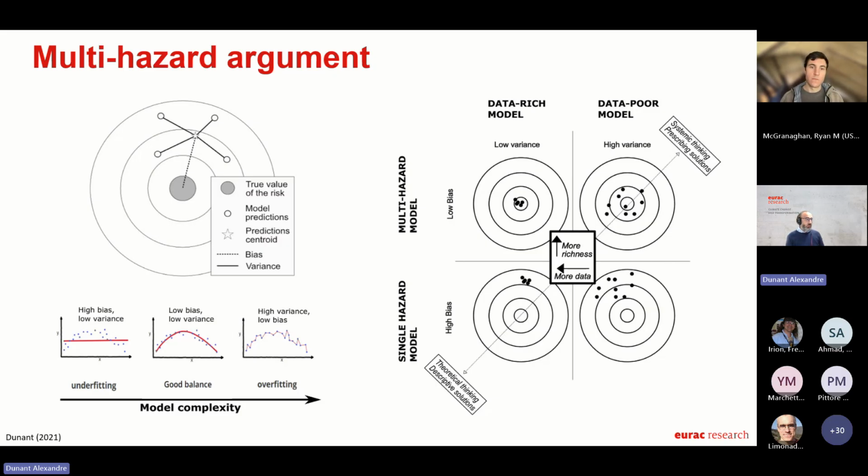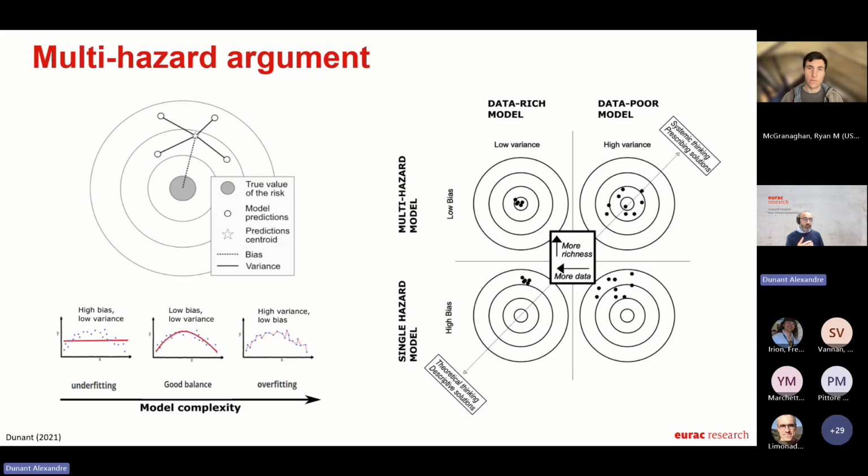So the idea was that if you look at the right side of this slide, if you are in a single hazard model, you're at the bottom row, and even if you're in the data-rich model, your model is highly biased and might not represent the center of this target, which is the true risk to your community, to your buildings, and so on.